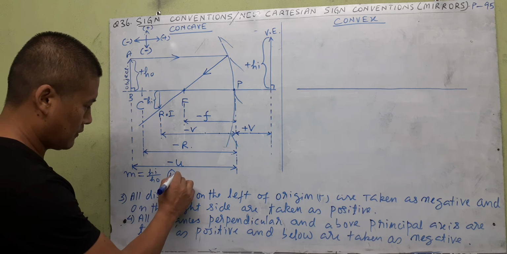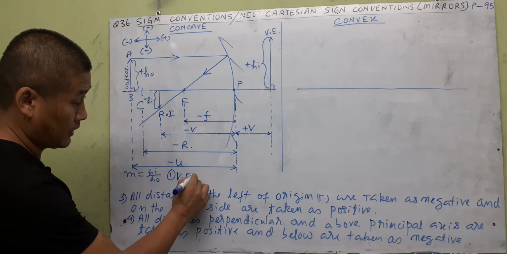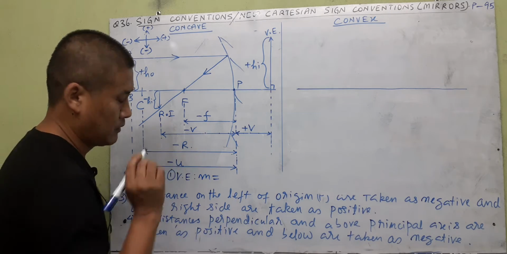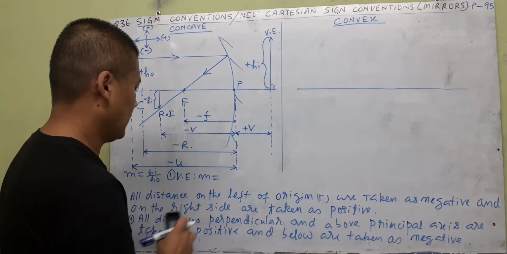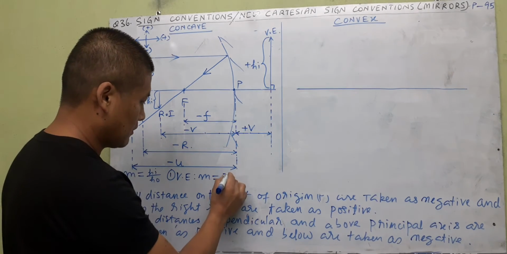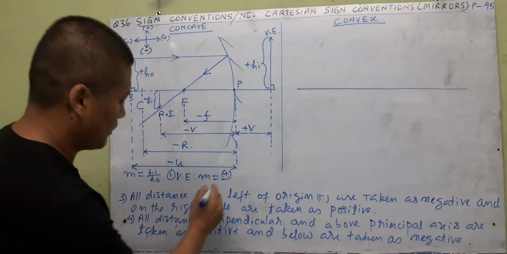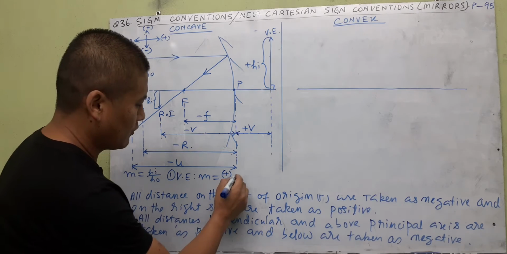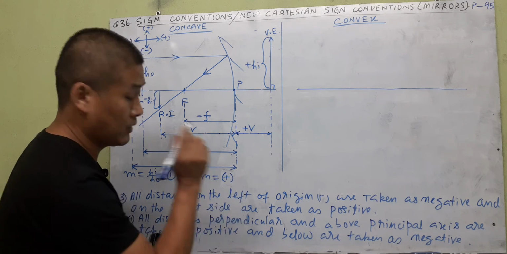So when it is virtual erect, m will be what? Let us see. Hi for virtual erect is plus, and HO is always plus, so HI by HO will be plus by plus, so the m value will be plus when it is virtual erect.